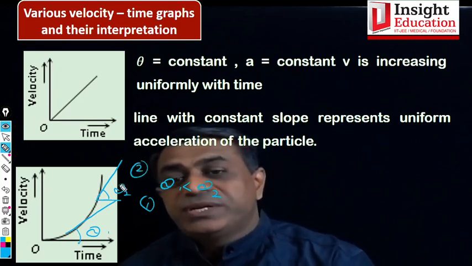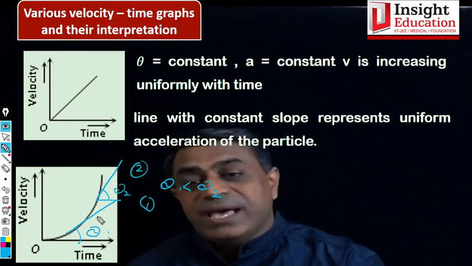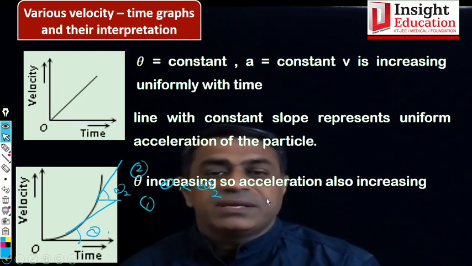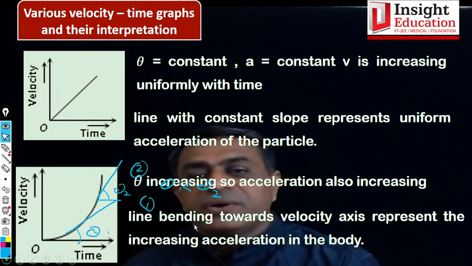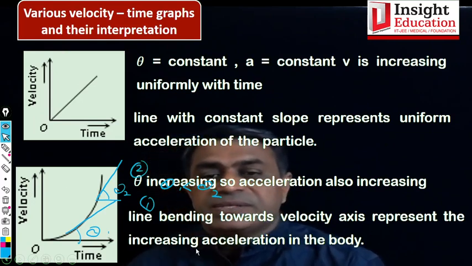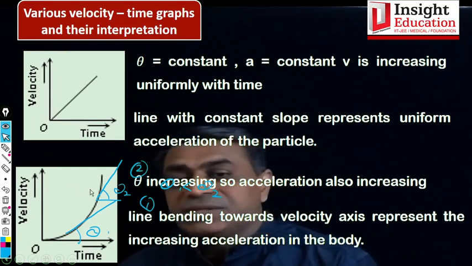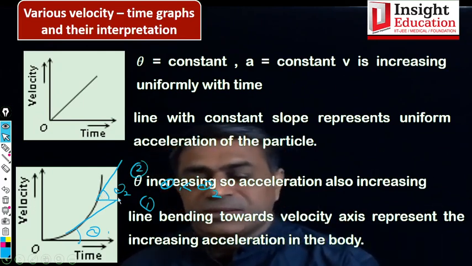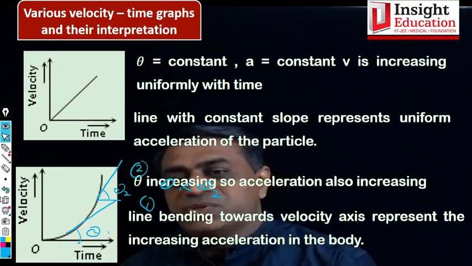It means acceleration is increasing. A line bending towards the velocity axis represents increasing acceleration in the body, and the acceleration is positive.